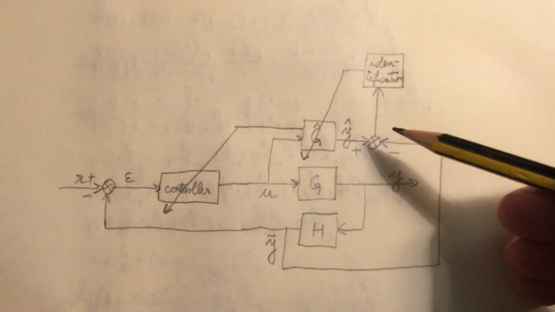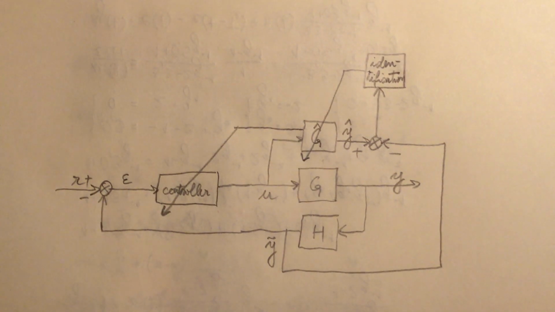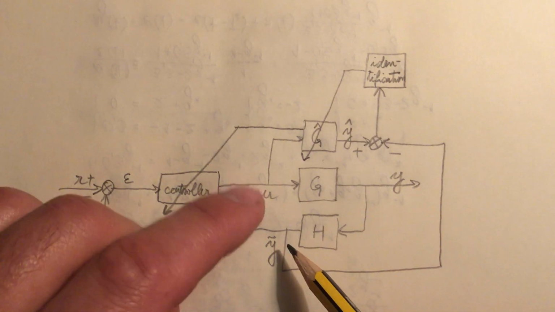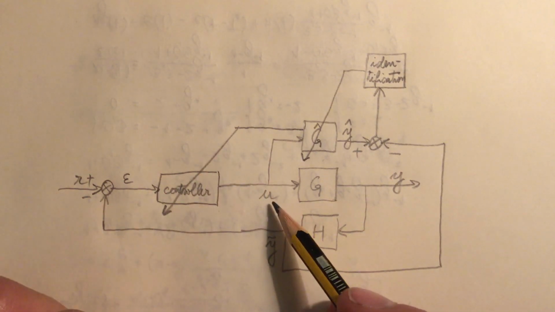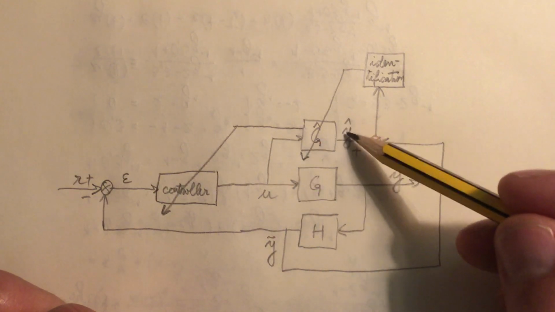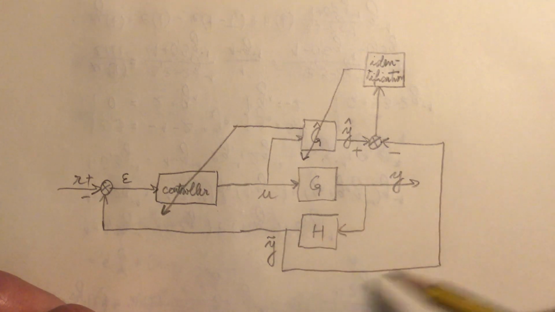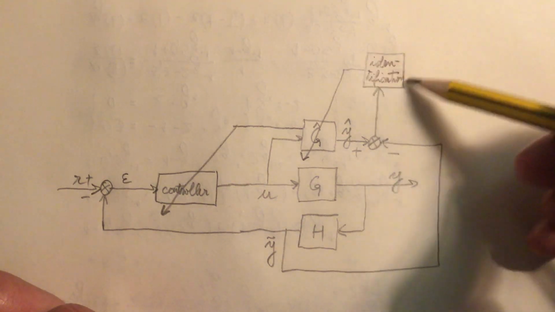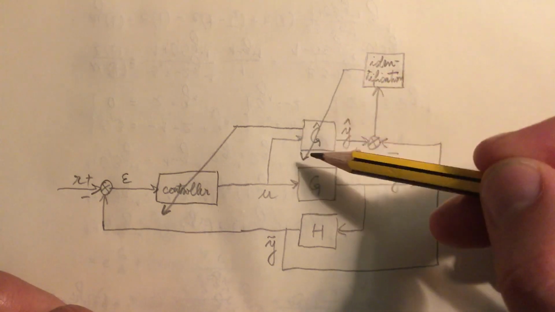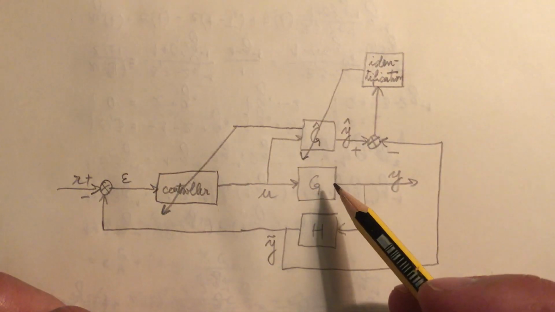So here is what is going on in each sampling instant. We measure the output. We know the input that was applied. We know the output that our model provides. From these things, we run an identification method that improves iteratively the parameters or coefficients of our model.